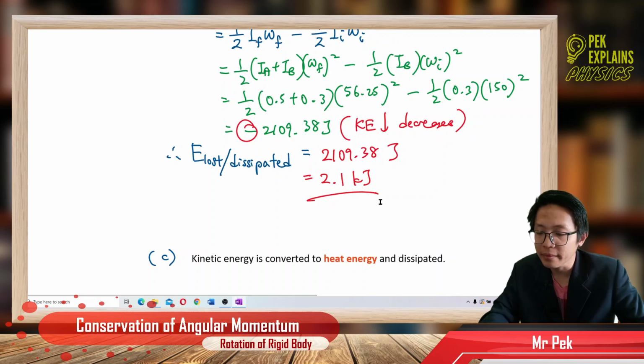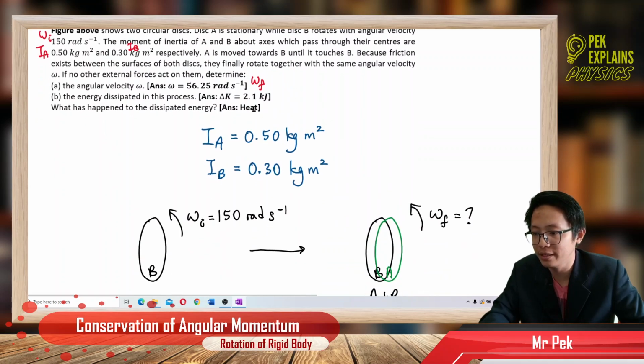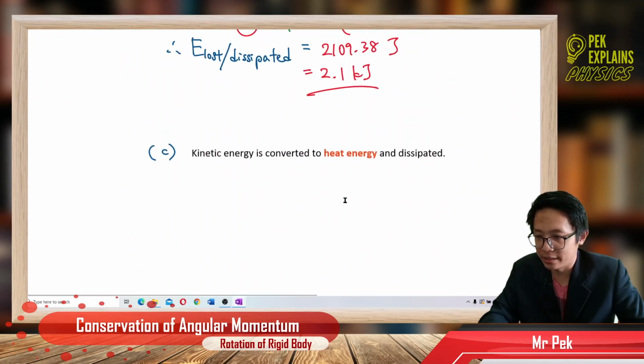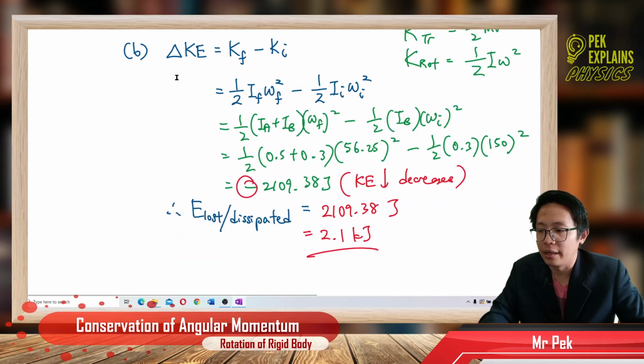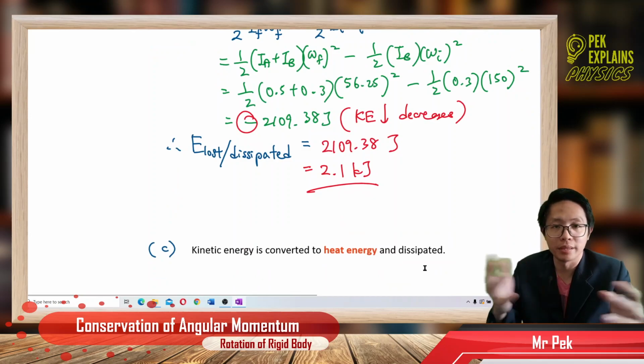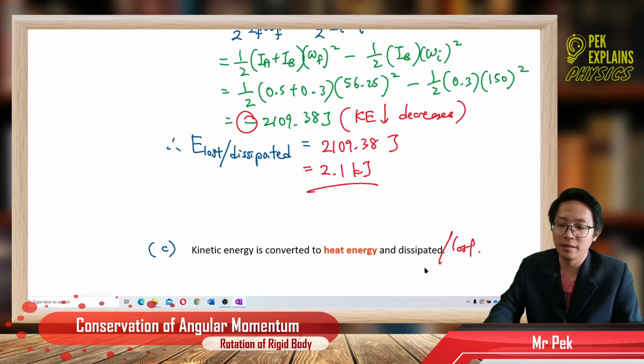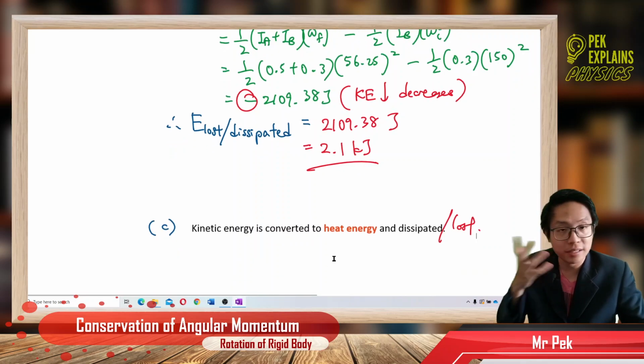Okay, good. Now, what happened to the dissipated energy? The energy is heat. Kinetic energy has decreased because it converted to heat energy and dissipated or lost. So that's it.